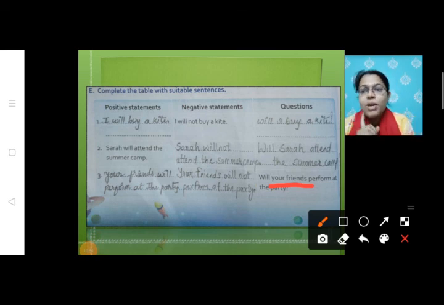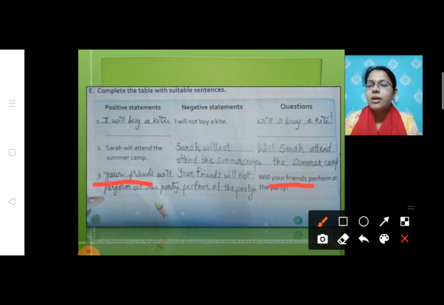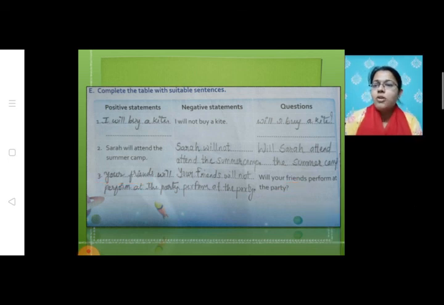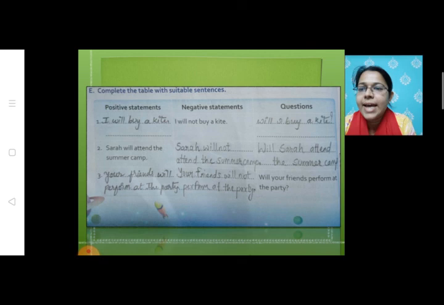So when you make a positive sentence, you would be writing your friends first. Your friends will perform at the party. And when you make a negative sentence, you have to add not along with the word will. So the negative sentence would be, your friends will not perform at the party.